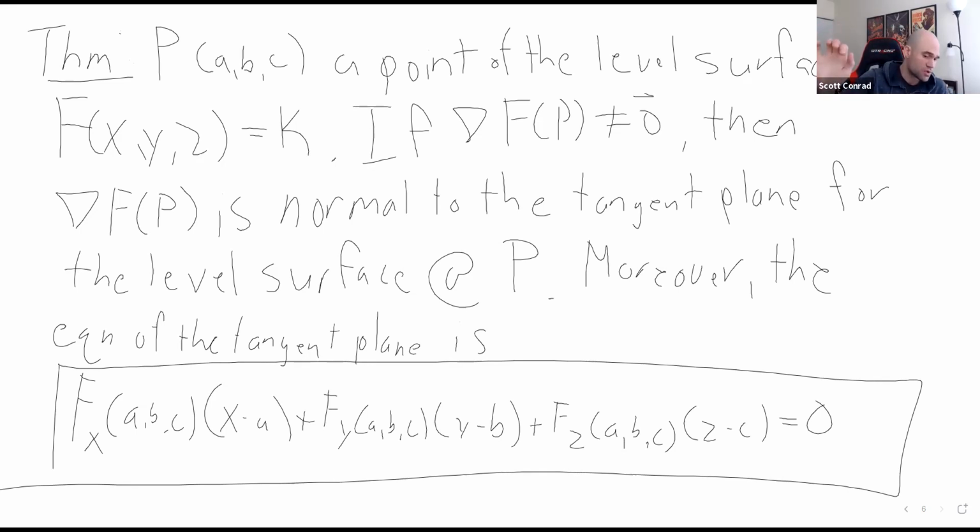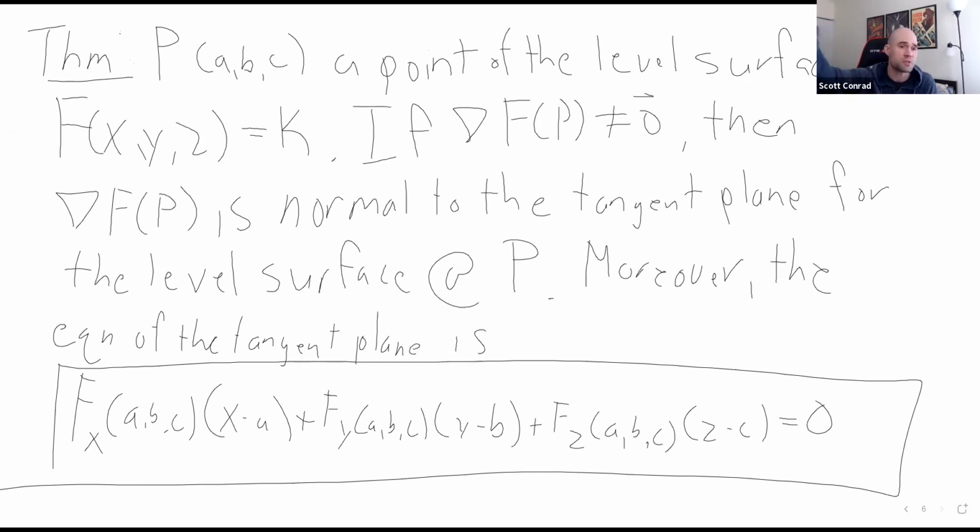And so don't be confused. I'll explain this in just a sec, by the fact that here we just talked about finding the equation to a tangent plane to a surface before. And yet here we're learning another equation to a tangent plane of a surface.